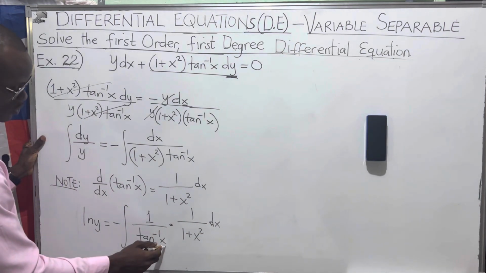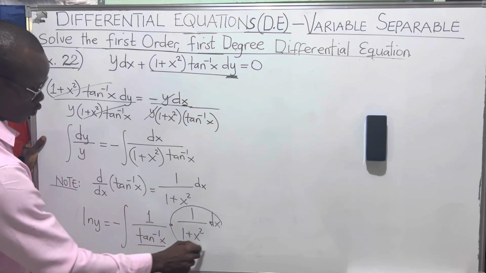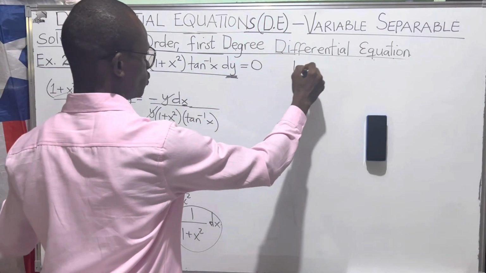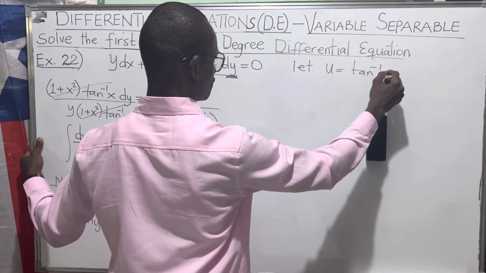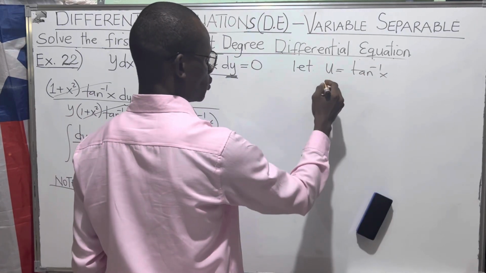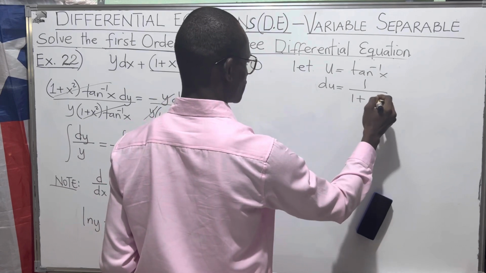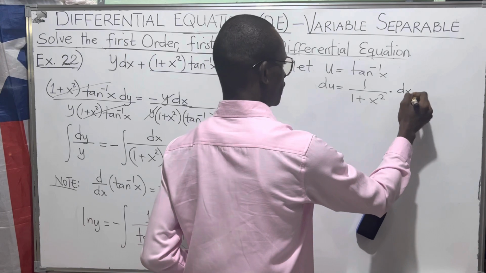If we allow our u to be tangent inverse, if we differentiate tangent inverse, we're going to get this expression. Therefore, we can say let u equal tangent inverse of x. So we get du to be 1 over 1 plus x squared times dx.